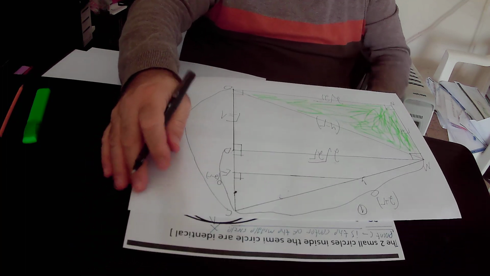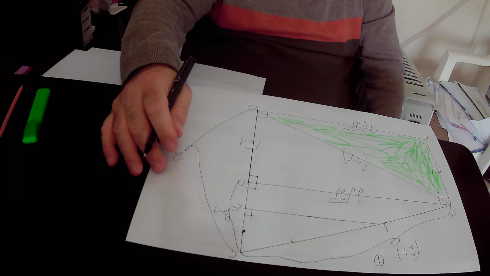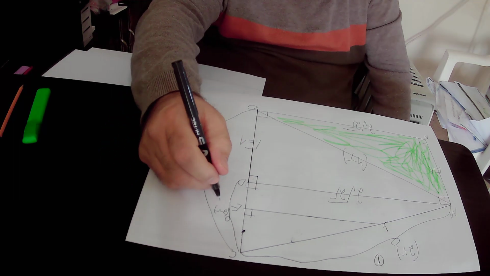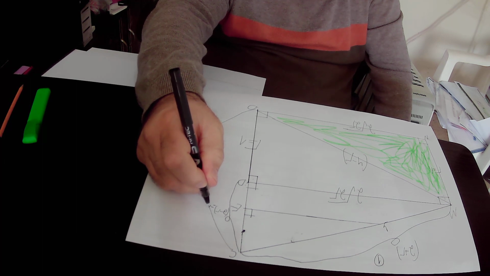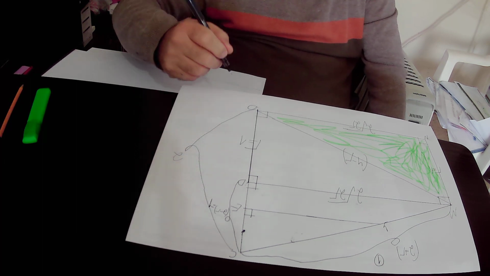And here we know that CD equals 2 minus R, and R equals 1. So CD equals 2 minus 1, that is 1. So CD also equals 1.